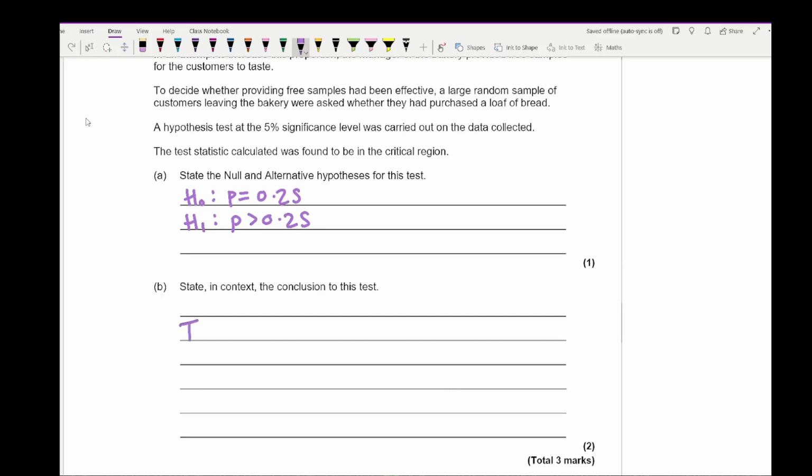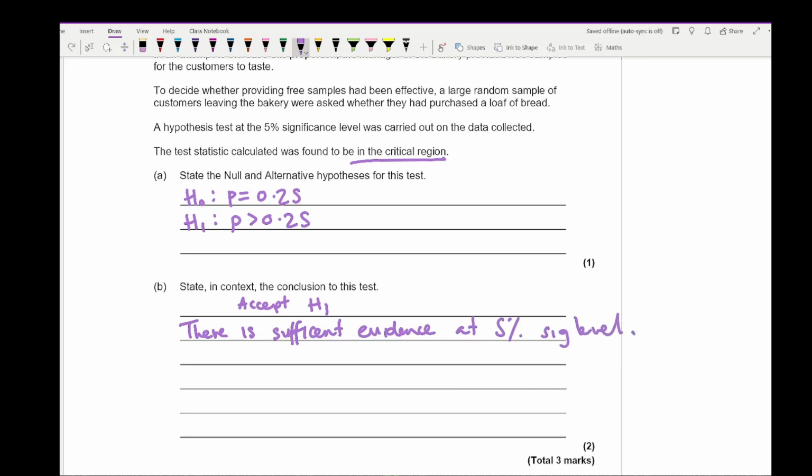So here I'd write something along the lines of, as it falls within the critical region, we're accepting H1, the alternate hypothesis, because it's inside the critical region. So there is sufficient evidence, I would say, at 5% significance level.